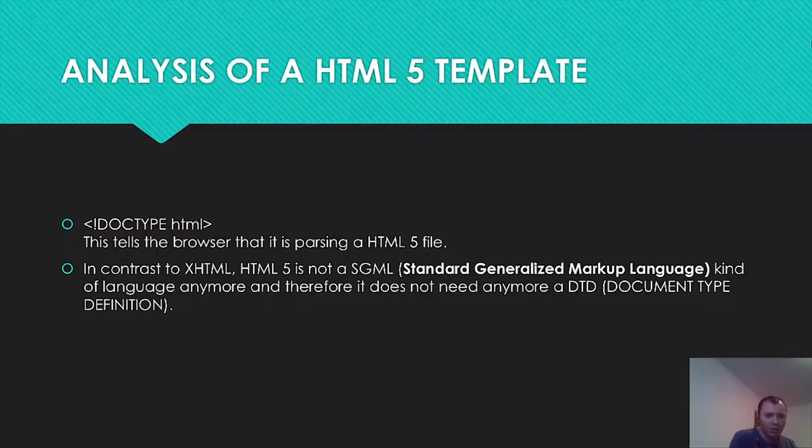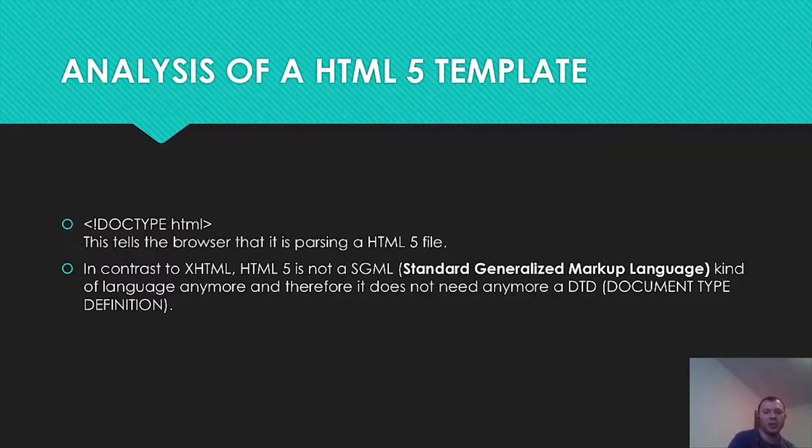So here we see doctype HTML is the tag that we find, it's a declaration that we find in the very beginning of our HTML document, and this tells the browser that it's parsing a HTML5 file. In contrast to XHTML, HTML5 is not a standard generalized markup language anymore, and therefore it does not need anymore a DTD, which means document type definition.